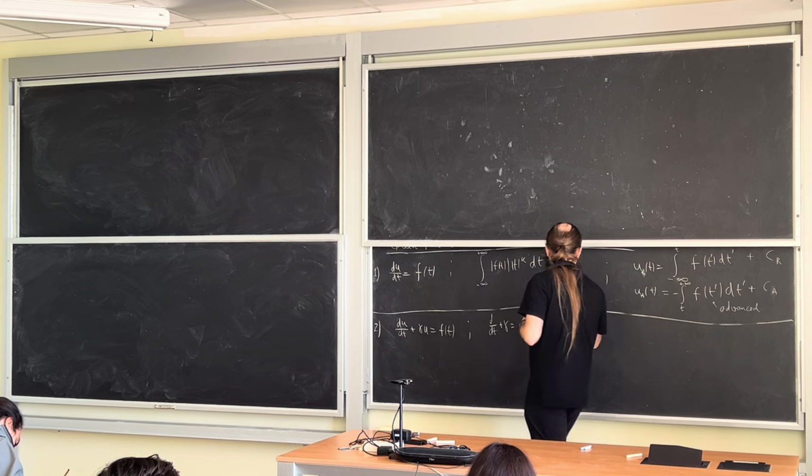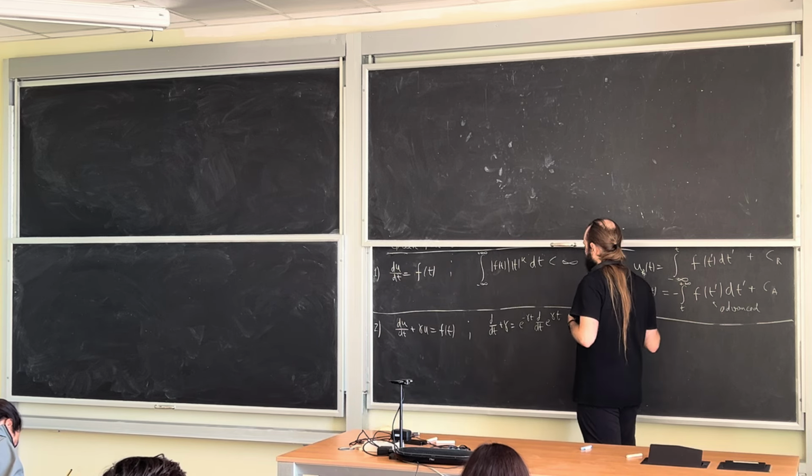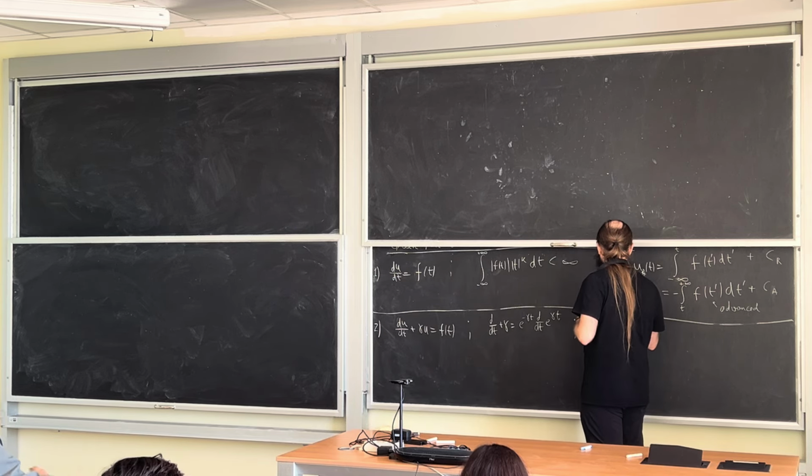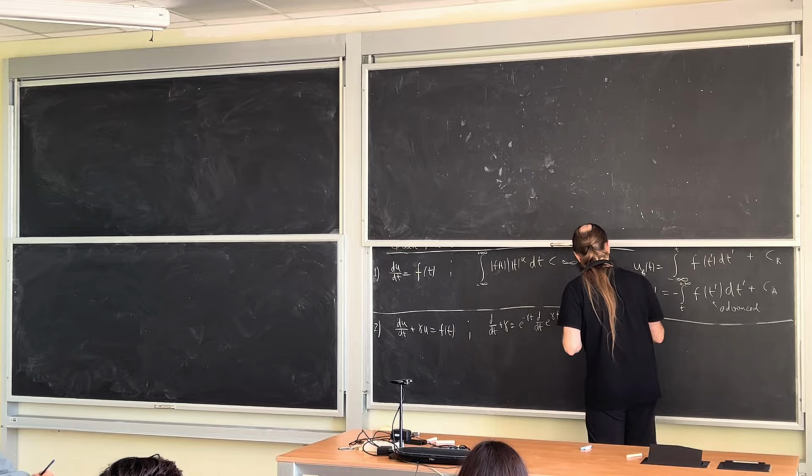Or we can simply write that u is u tilde times e to minus gamma t.